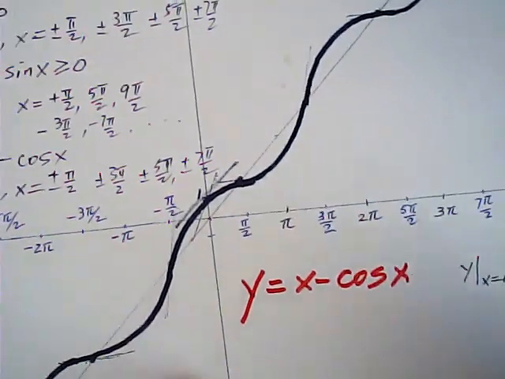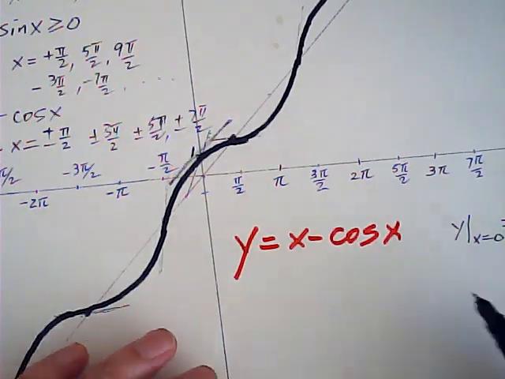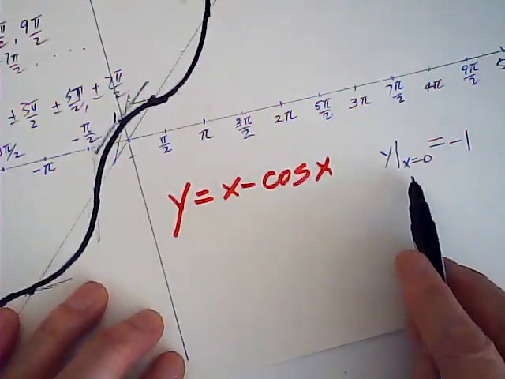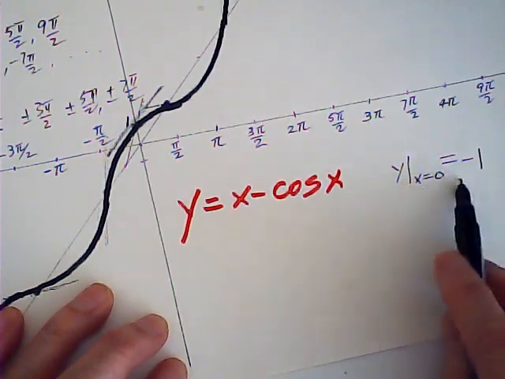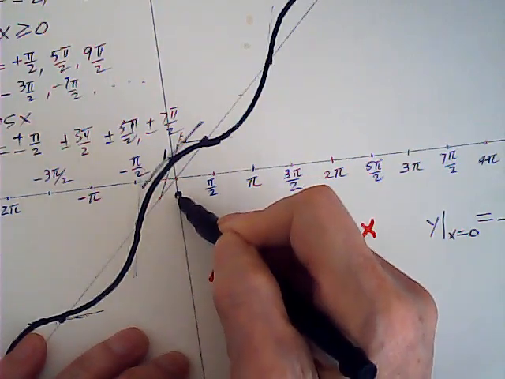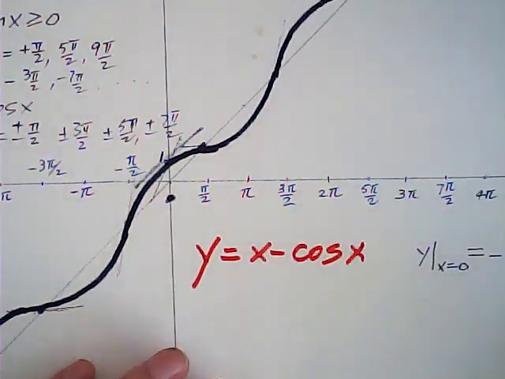Because the function is not symmetrical, therefore we have to consider as much as possible. So this one means that the y-intercept is negative 1. So this is the point, the curve passing through.